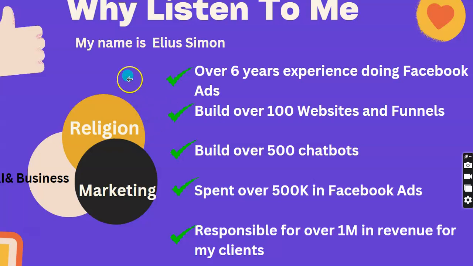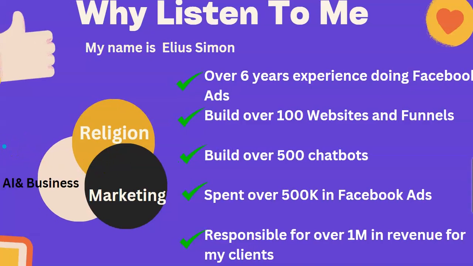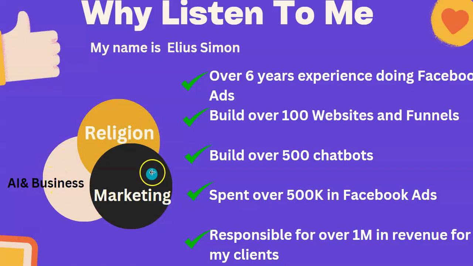So probably you're asking, why should you listen to me? I just think this is an important slide. My name is Elius Simon. As you can see below here, we've got 3 circles. This represents the areas where I come from. I've got experience in the area of AI and business. I'm trained in all these areas. I come from religion, AI and business, marketing.